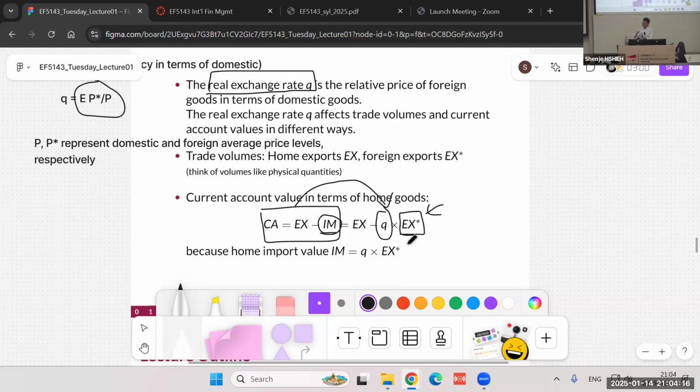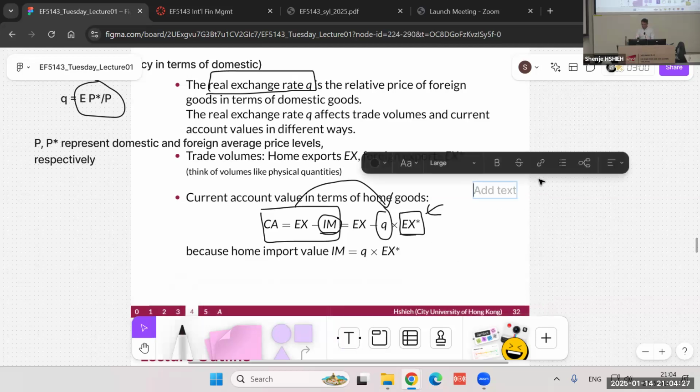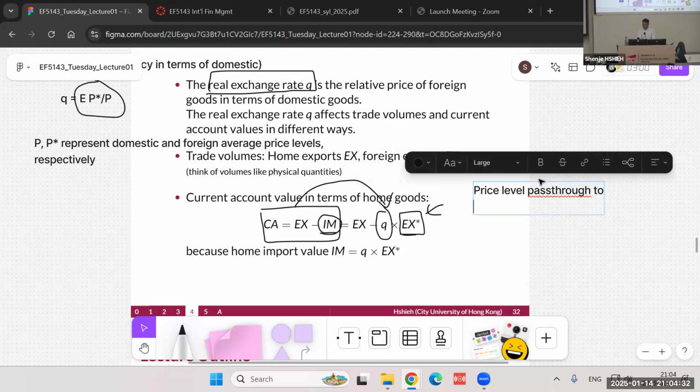All right, so based on this equation, you can see how prices can affect the current account. You see this price level pass through.